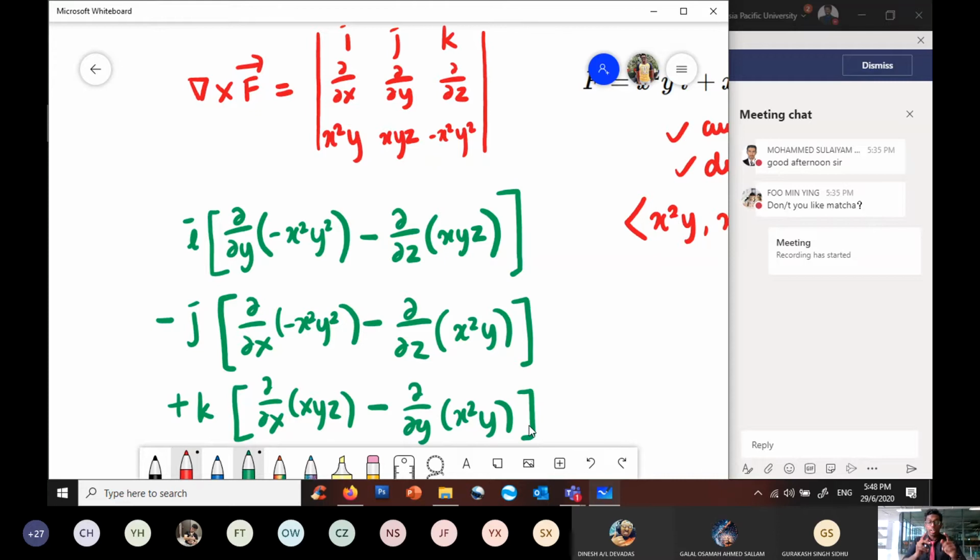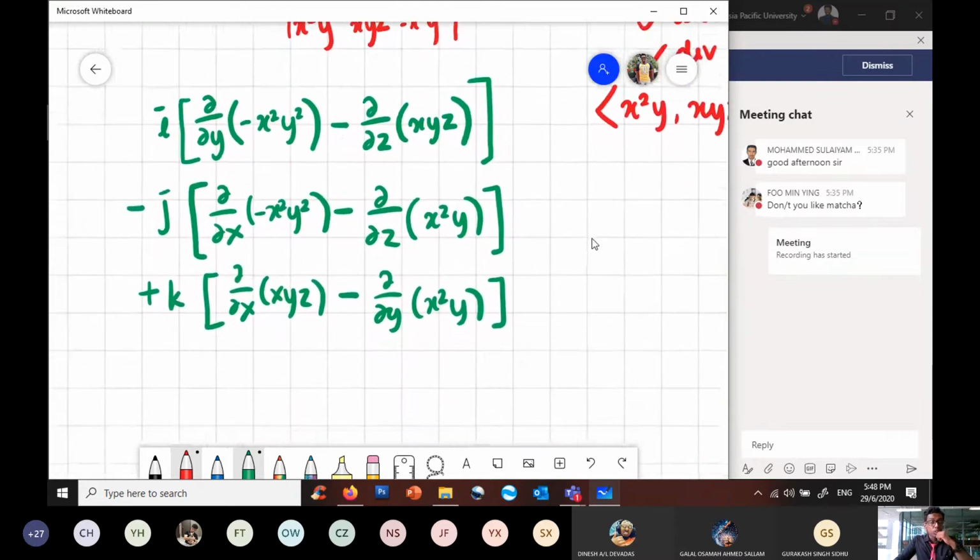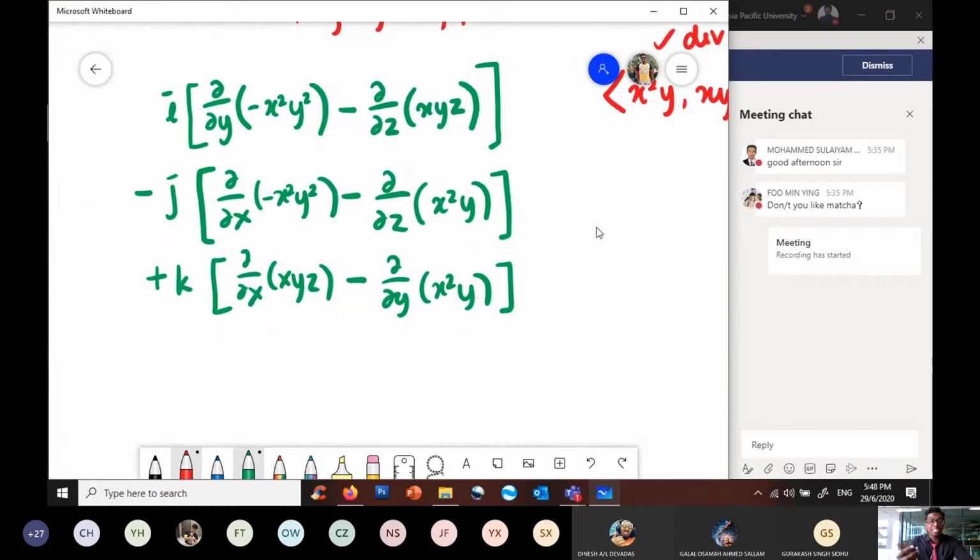It's a very long process, not the final answer, because you have to simplify. Don't leave it here. So I have to simplify the whole thing. To simplify, first you must understand what it even means by doing dou here. The first one in i, the meaning of dou over dou y of negative x square y square is that you partially differentiate this with respect to y.